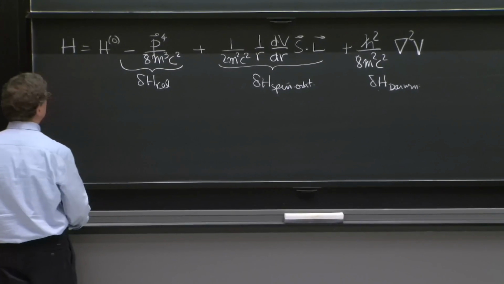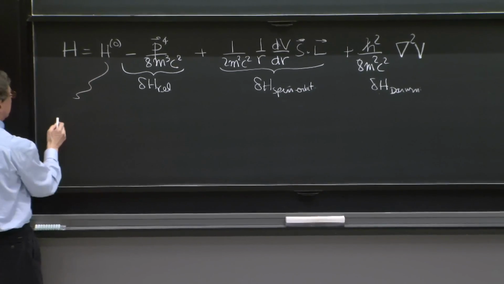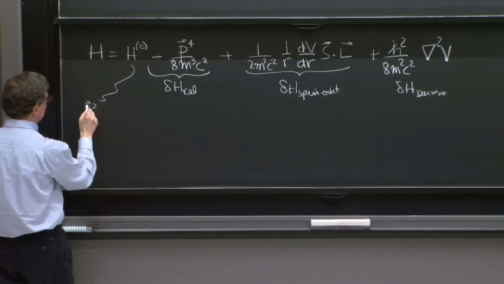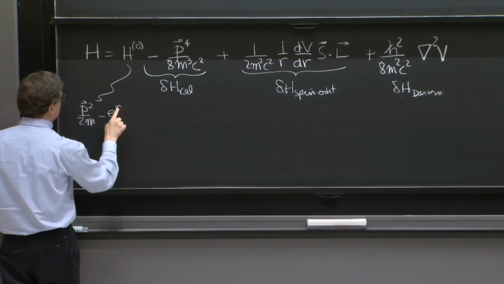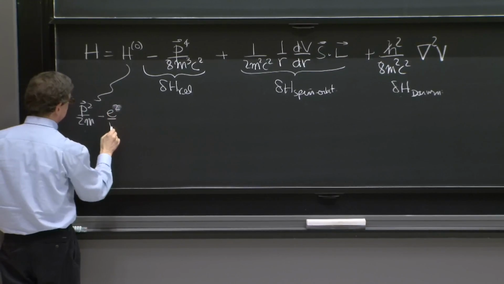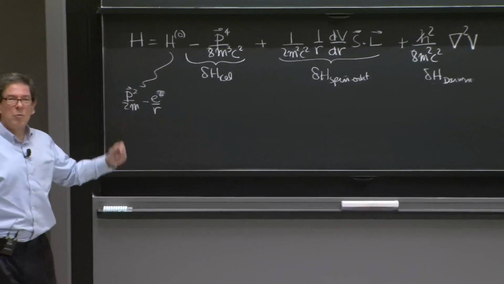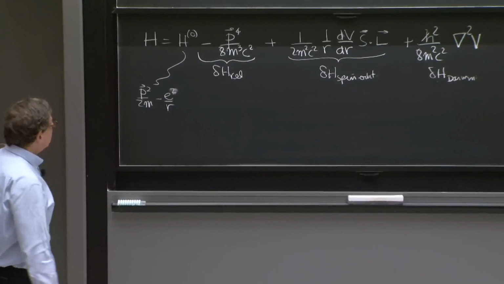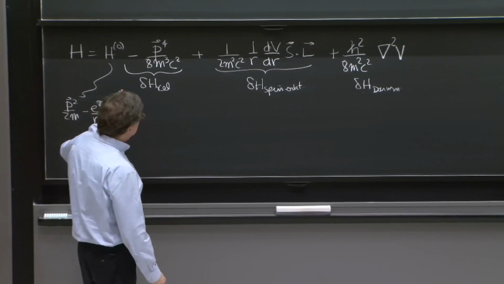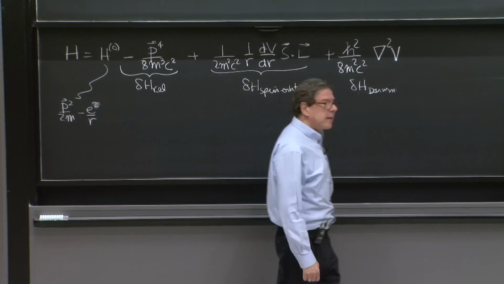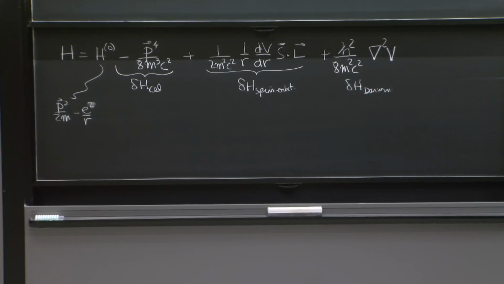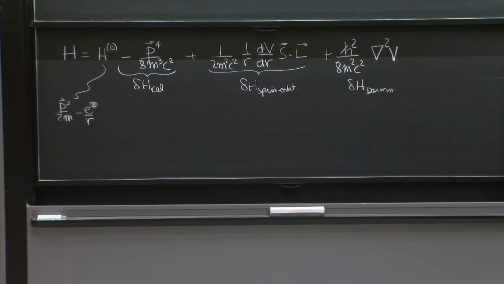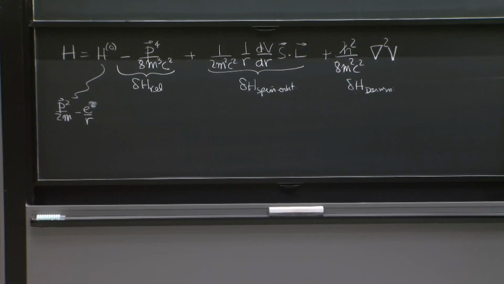This H0 Hamiltonian for the hydrogen atom has a kinetic term and a potential term. The Dirac equation provided a way to get systematically all the corrections to first order of that Hamiltonian, and that's what we have here.